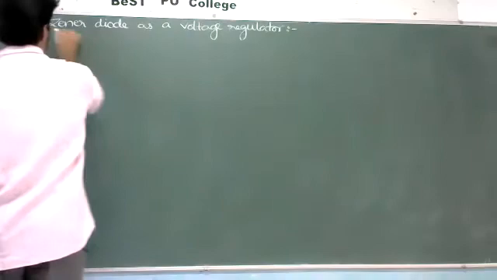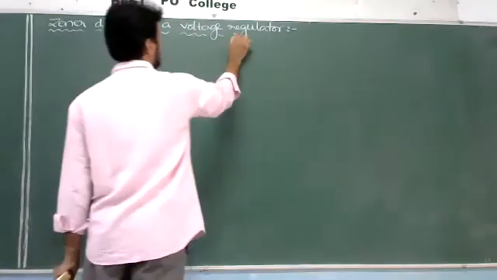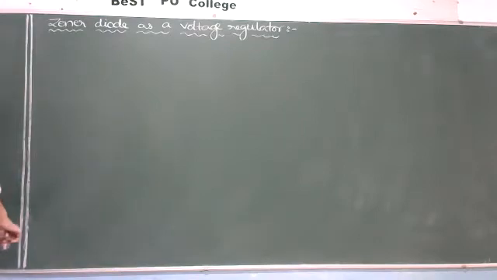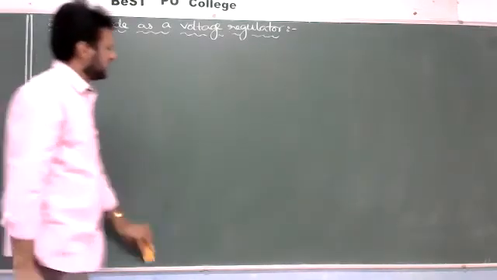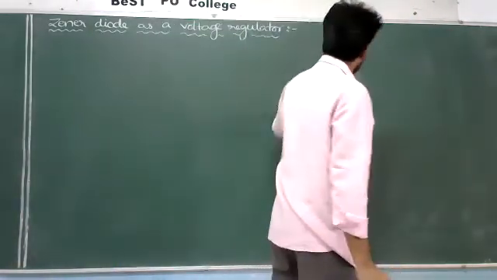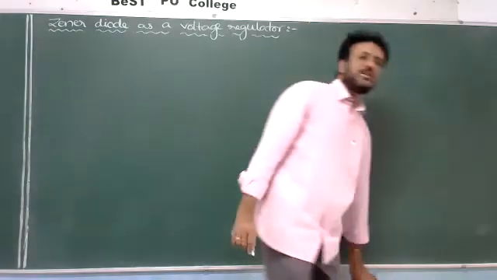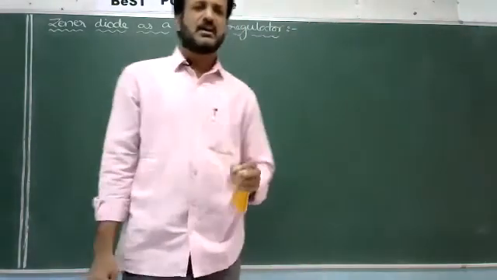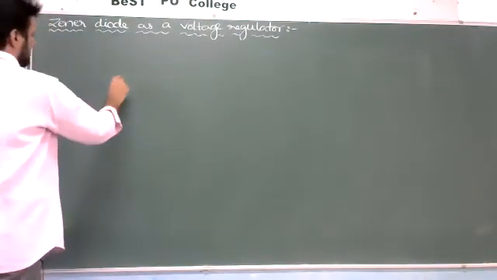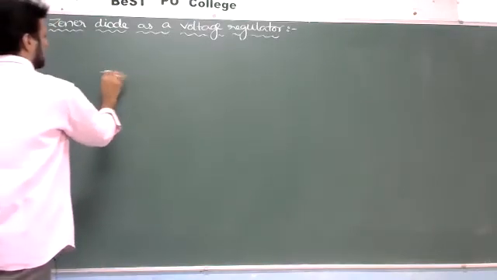A question may be asked: explain how a Zener diode can be used as a voltage regulator or a voltage stabilizer. I'll give a simple circuit diagram. Here, one resistance.